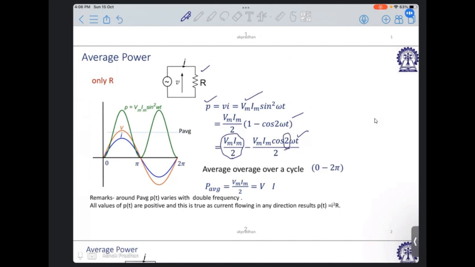Averaged over a cycle, 0 to 2 pi, this gives 0, but the DC part remains. We call that the average power or watt power, and that equals V into I.